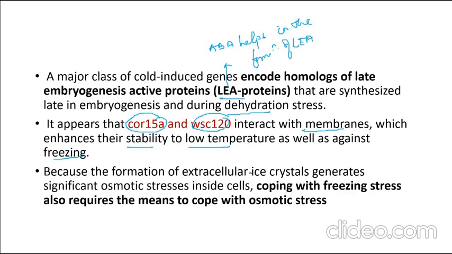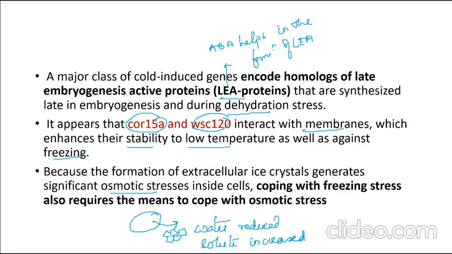Now, the formation of extracellular ice crystals generates severe osmotic stress. Why osmotic stress? Because it causes the cells to lose water. Because the ice crystals are formed outside the cells, the water is reduced outside the cell. Once water is reduced, the solute in that region is increased.